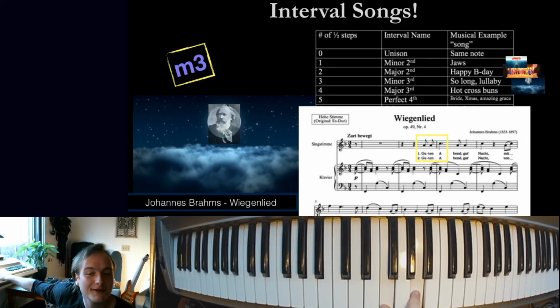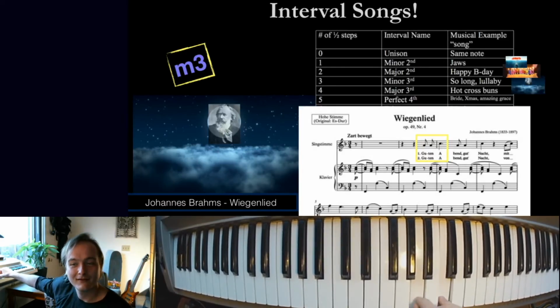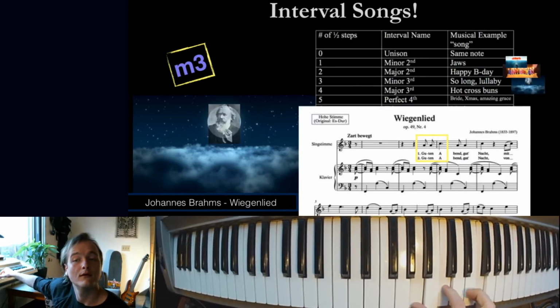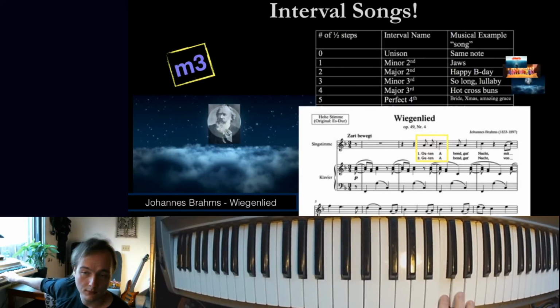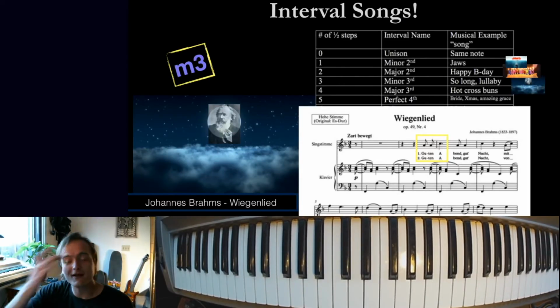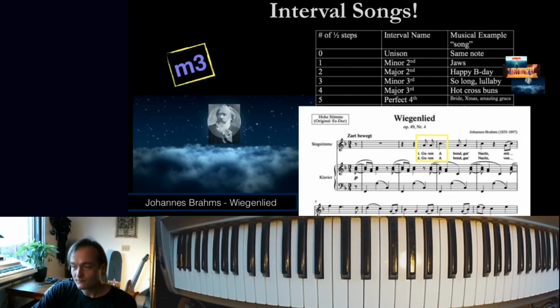But between the third and the fifth is a minor third. There it gets up to tonic, or F. And then some stepwise motion. So there is a minor third in a really familiar lullaby.